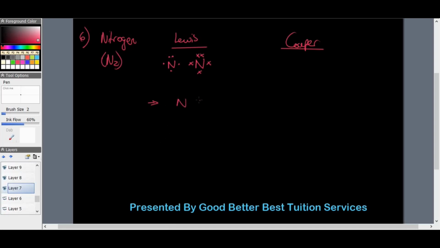Nitrogen and nitrogen keep their lone pairs over here untouched. Some people tend to draw them on the side, which is totally fine. Here we have electron sharing of 1, electron sharing of 2, and electron sharing of the third one. So it therefore forms a triple bond in the Couper structure like such.